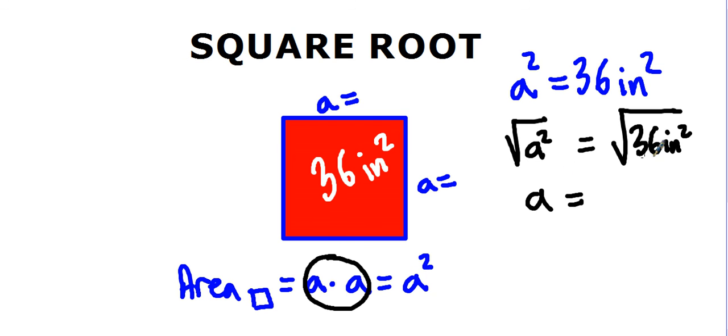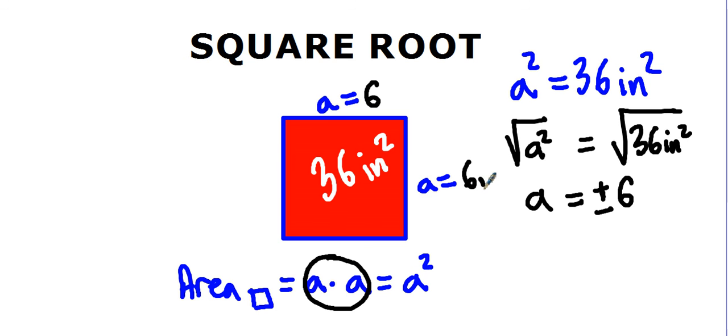Now, what number did we multiply by itself to get 36? Well, 6 times 6 could be one option, but it could also be negative 6, so positive or negative 6. And then the other thing is, what did we multiply to get inches to the power of 2?